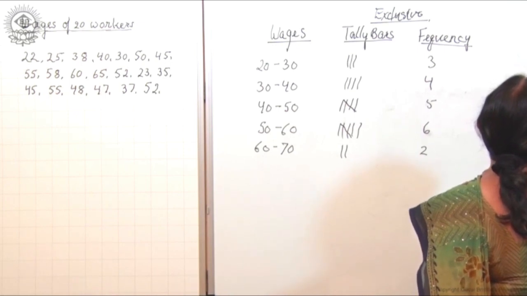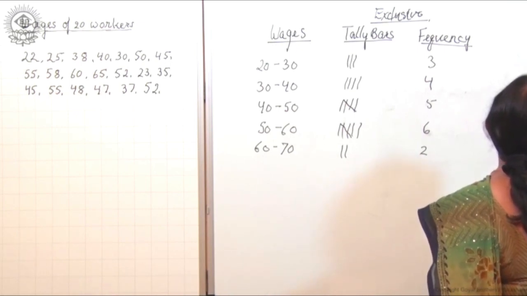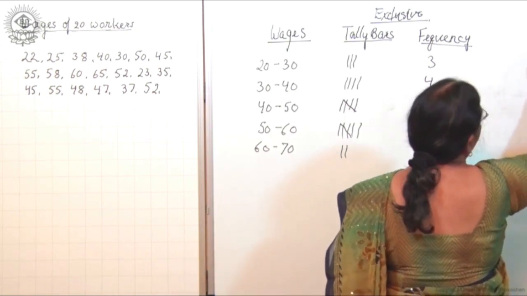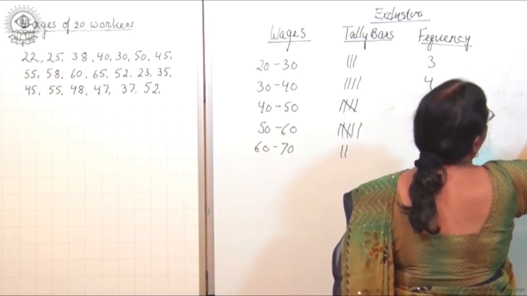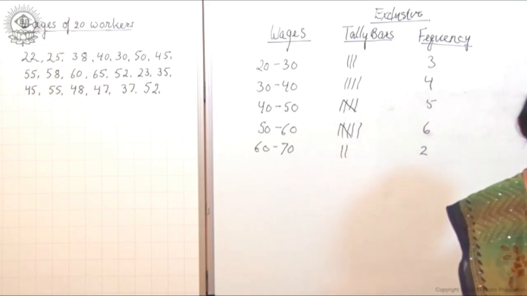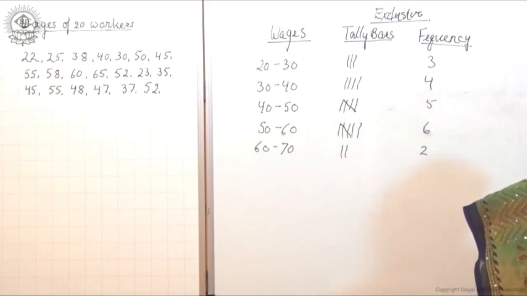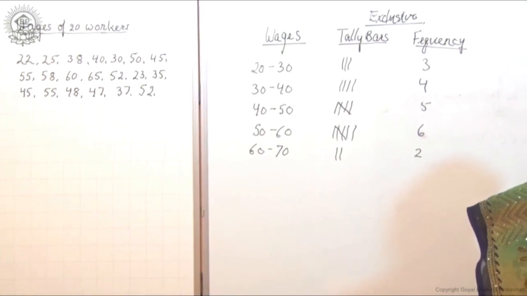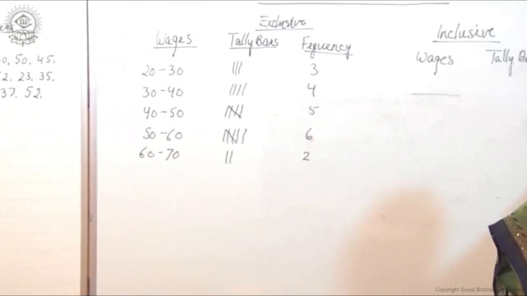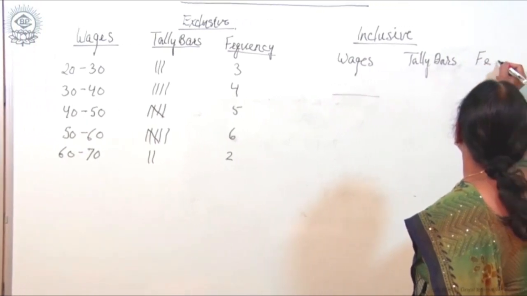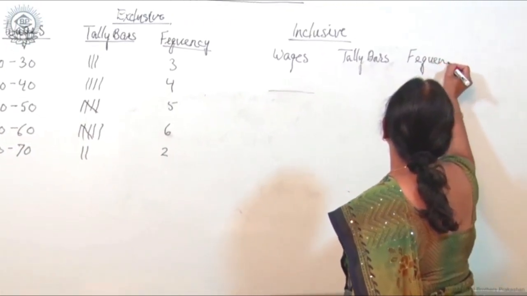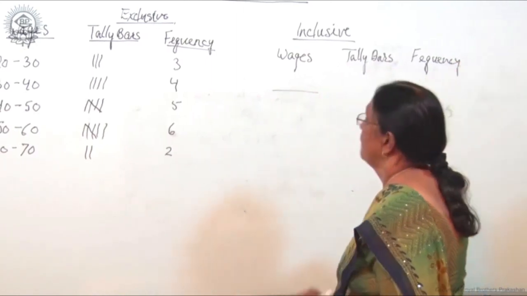Here, when we are making the inclusive series, remember that in the class interval there is a gap of 1. This is wages, this is tally bars, and then frequency.